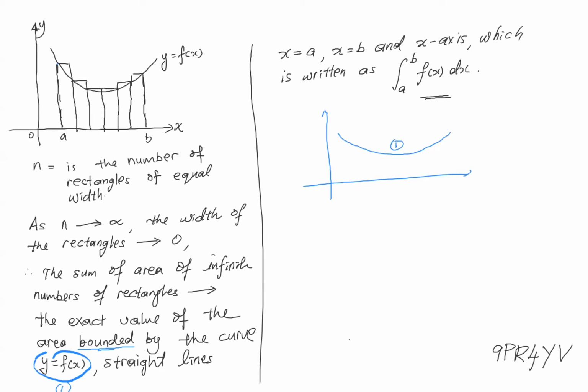The second boundary is the straight line x equal to a. And another straight line x equal to b. And the x-axis. This is the fourth one here.